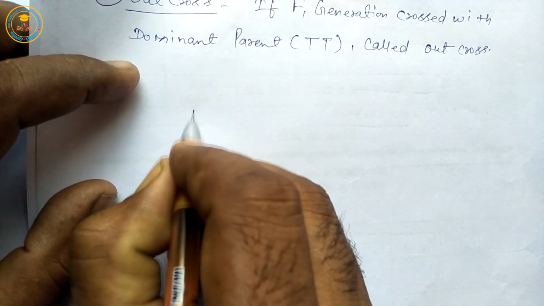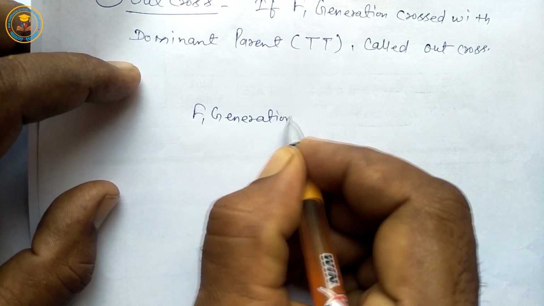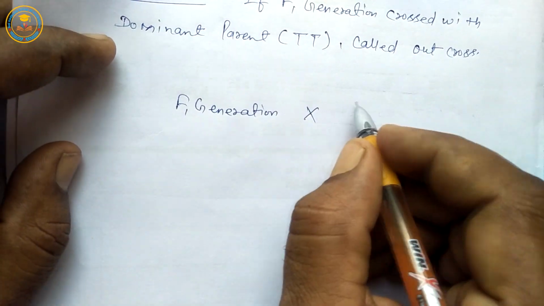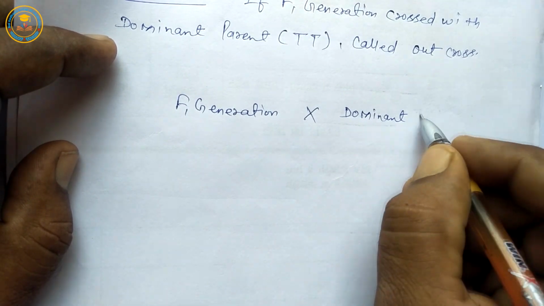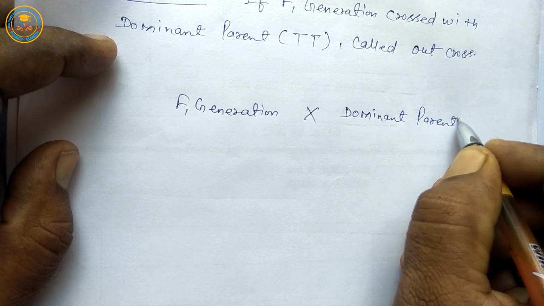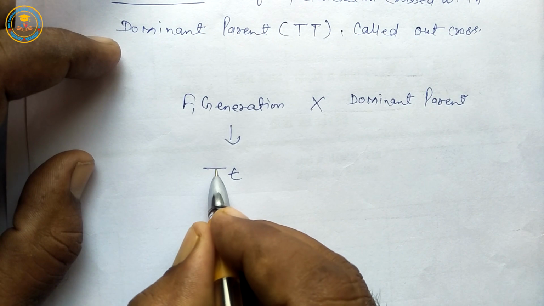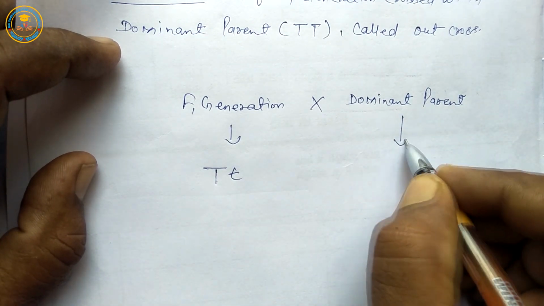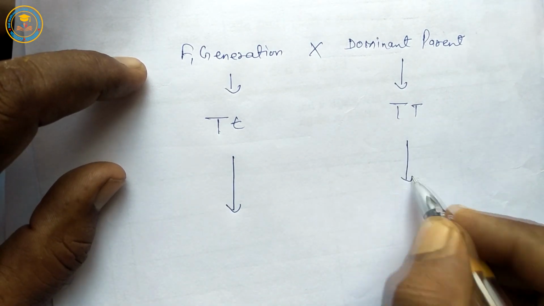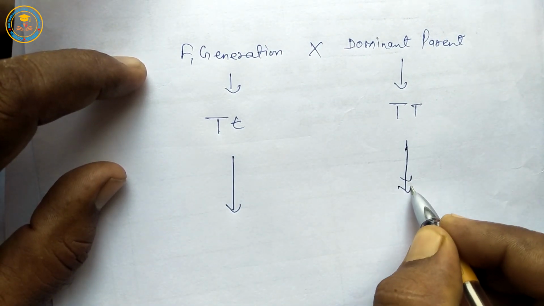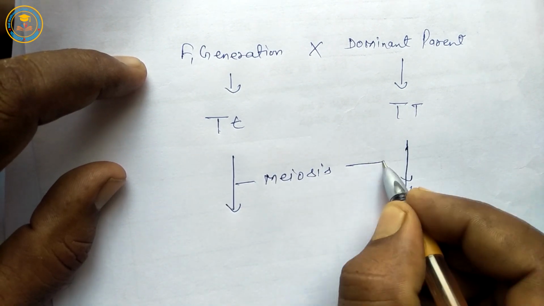Next, F1 generation crossed with dominant parent. F1 generation, it means capital T small t, dominant parent, it means capital T. Next process is meiosis.